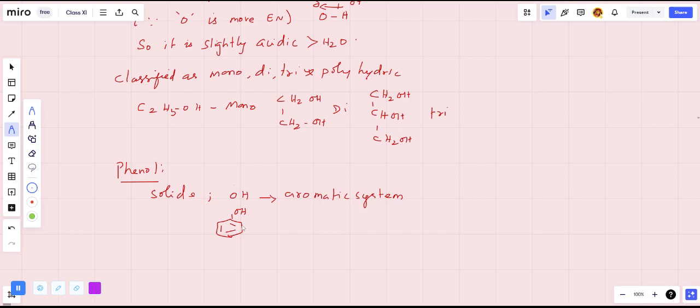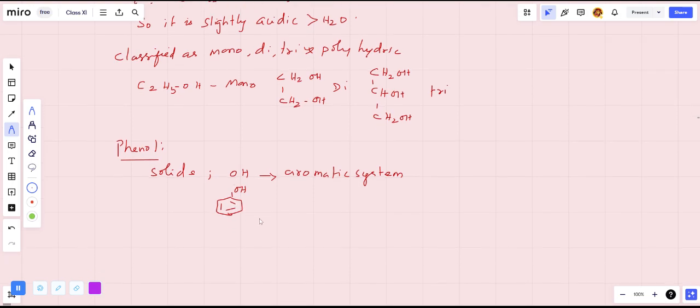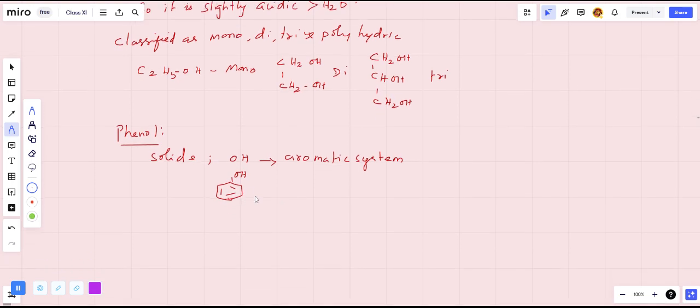In the last lesson we learned about benzyl. So what is benzyl? Benzyl also has an aromatic ring, but with CH2OH. So this is phenol, and this is benzyl alcohol.